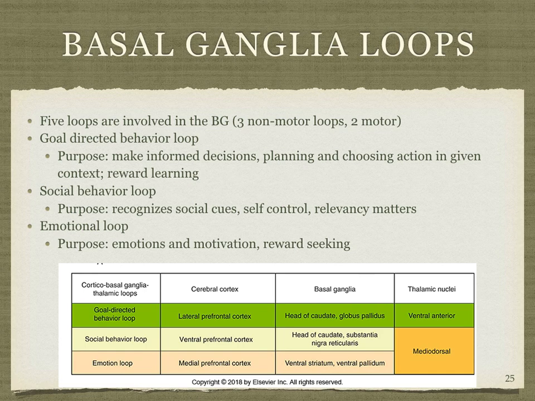And this emotional loop, again, is going from our reward seeking and our motivation with that influence of emotion. So we're going to see this a lot of the time in people who are seeking that reward. So gamblers are seeking that reward of winning money, but they don't have that inhibition to stop, or addiction.